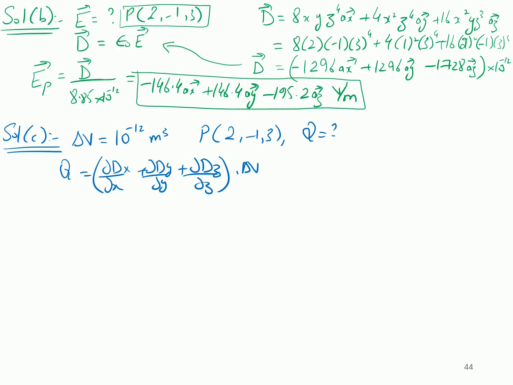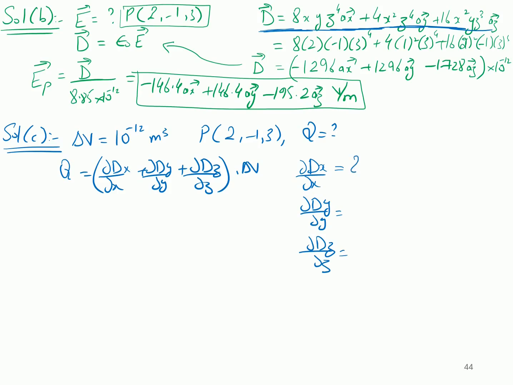So the d is this one. So let's apply directly the partial derivative over here. So partial derivative of d of x along x, partial derivative d of y along y, and partial derivative z along z. So in this equation, for the x we get 8yz4.